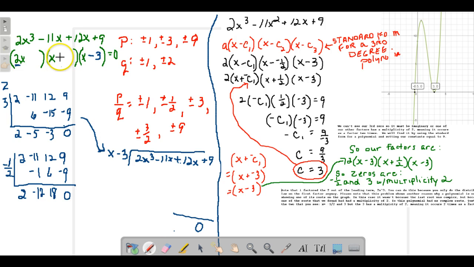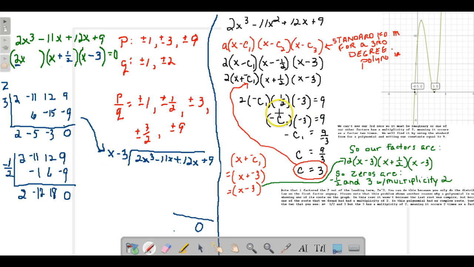So this was negative 1/2 was the 0, so positive 1/2. So we know that a negative 3 times 1/2 times this factor here is going to give us 9.